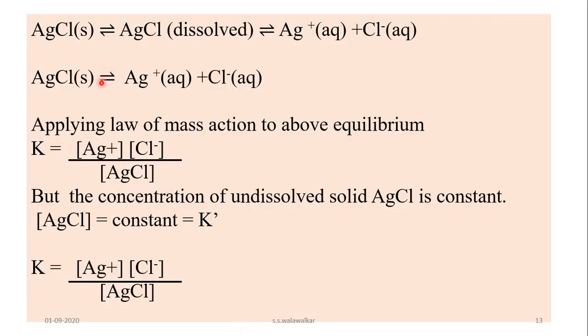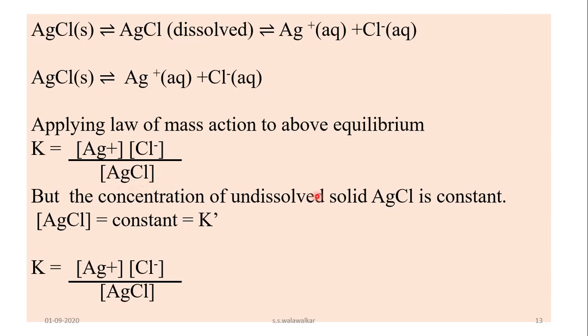Now see here, if you apply the law of mass action to this solubility equilibrium reaction, then you will get the equilibrium constant, that is the solubility equilibrium constant, and that is equal to the concentration of Ag ion into the concentration of Cl ion divided by the concentration of undissociated molecule of AgCl.